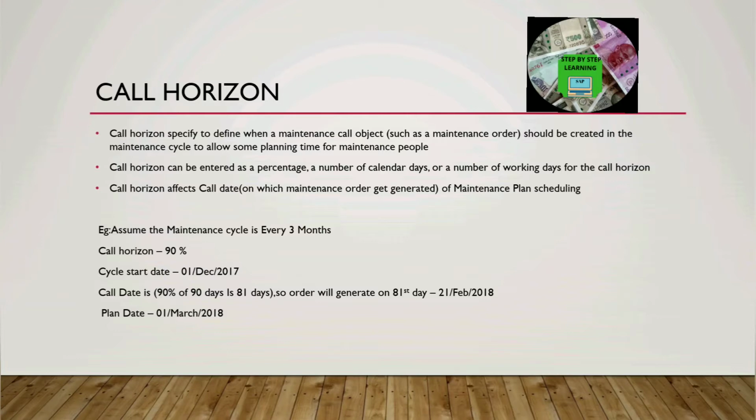Okay, so cycle start date, I am starting the maintenance plan on 1st December 2017. Since my cycle duration is 3 months, ideally the maintenance I have to do on 1st March 2018. But I need the system to generate the order automatically.